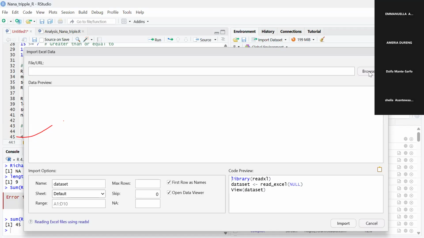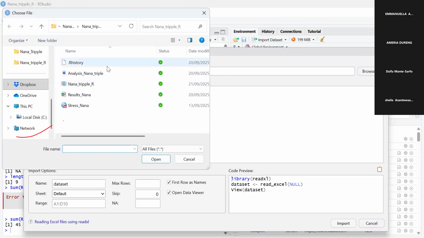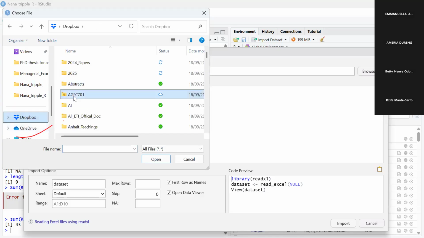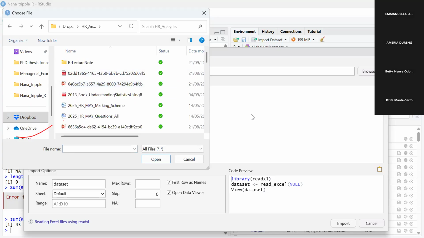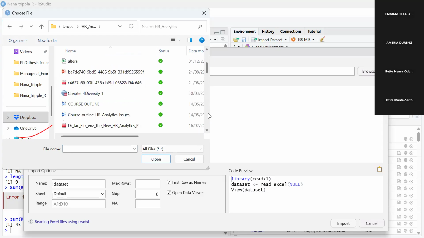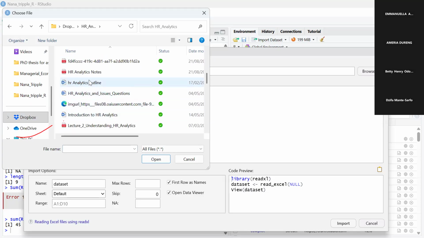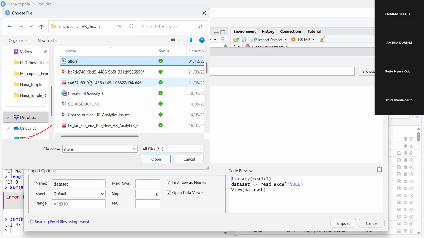So I am going to import my data. It's in a certain folder. So let me look for that folder. I've called it HR Analytics. First, it's here. Now click on it and look for the data. It's Altera. Where is Altera? Yes, Altera is here. Beautiful.